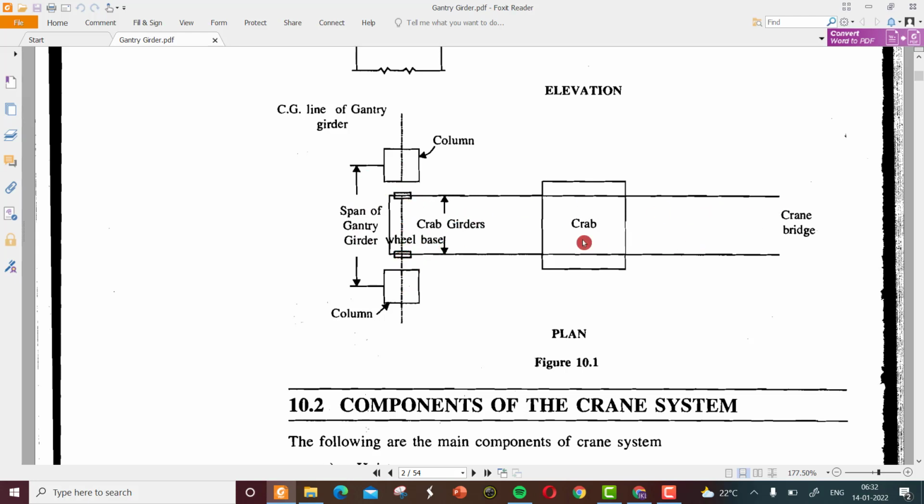Then there will be two parallel crab girders upon which the crab is positioned. One more thing to note is the wheelbase, which is the span between two crab girders, and this wheelbase is actually positioned on the gantry girder.